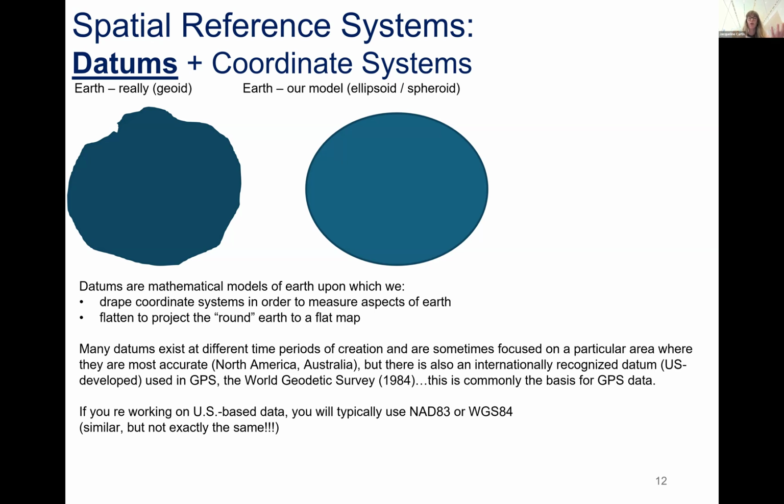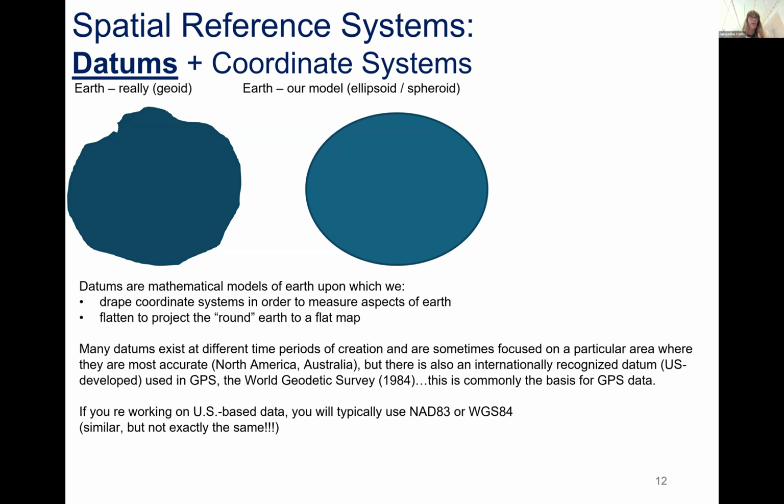There are mathematical models that translate that geoid into the ellipsoid. And depending on the datum that's used, it can squish Earth in different ways. It reconfigures it, and that can shape your coordinates and the way your map looks, and, most importantly for you, the ability of your data to overlay each other properly in the correct geographic position.